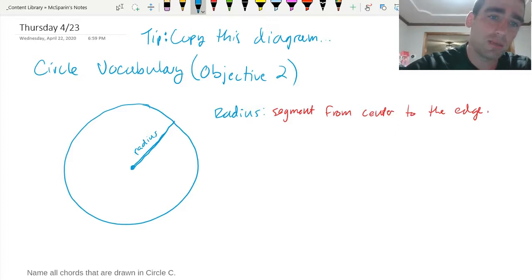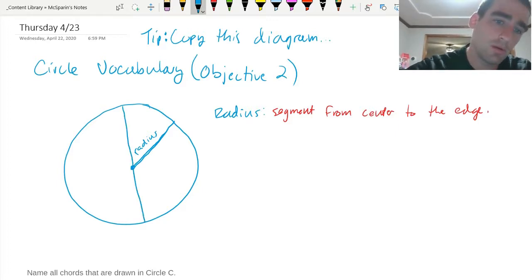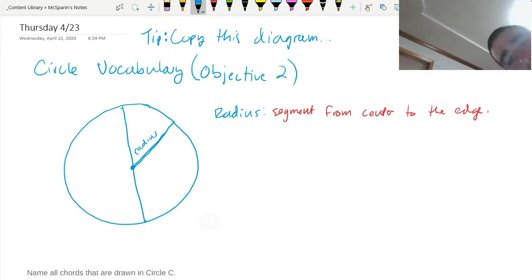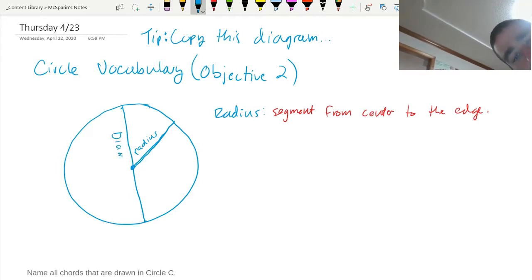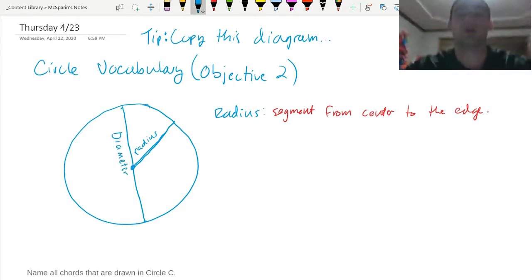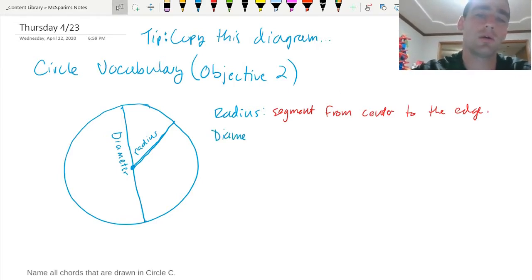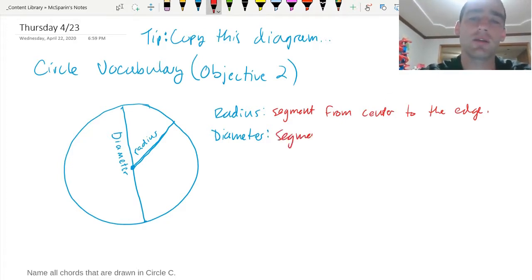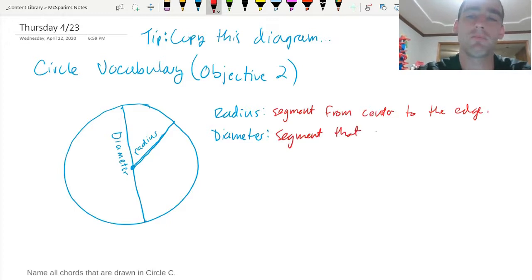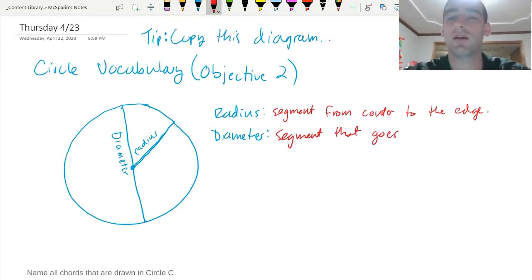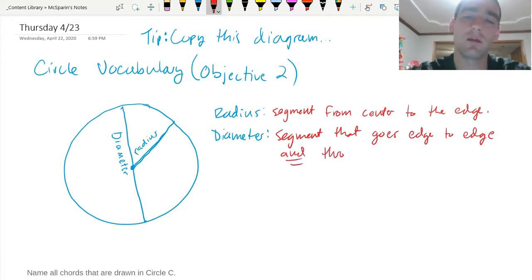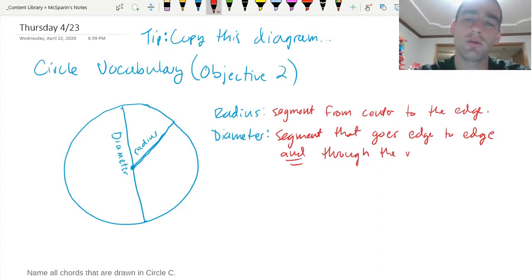Second one is also pretty simple, and that is diameter. A diameter is again a segment that goes edge to edge and through the middle.